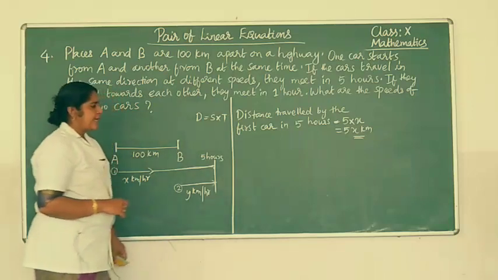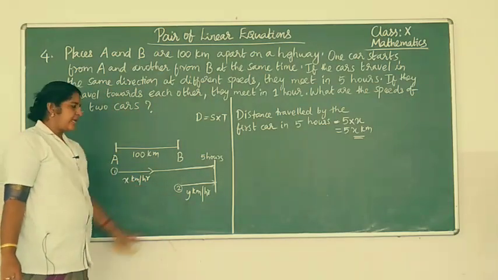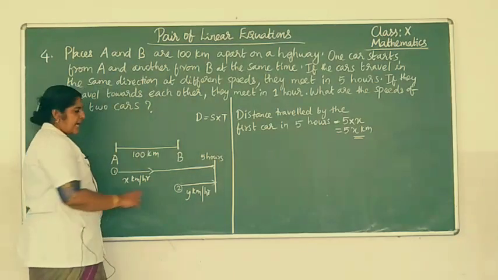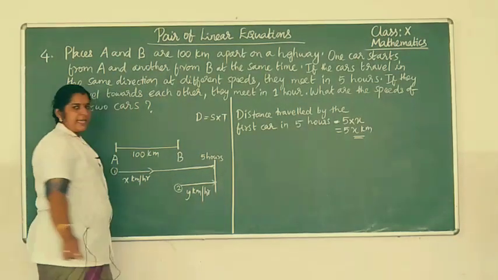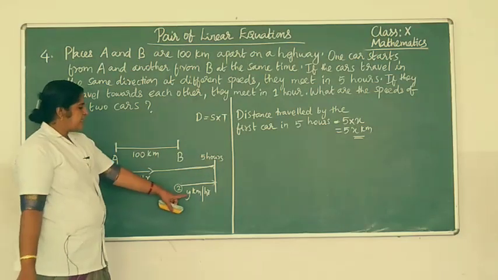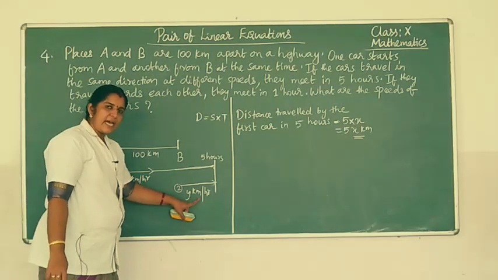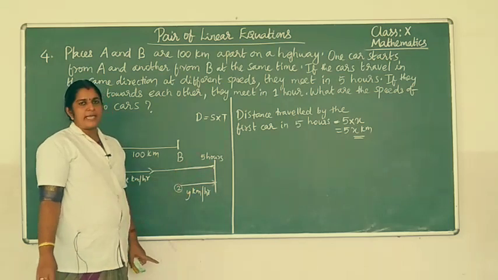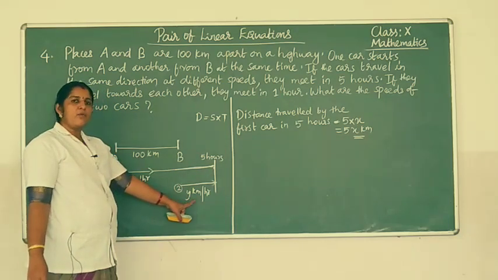Now we can find out the distance traveled by the second car. What is the speed we have taken? y kilometers per hour, and this car is also traveling 5 hours, that is the time. So what is the distance traveled by the second car in 5 hours? y into, that is speed into time, 5 hours. So it will give you 5y.